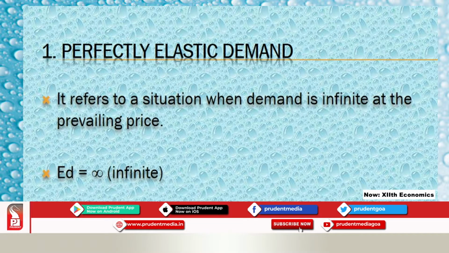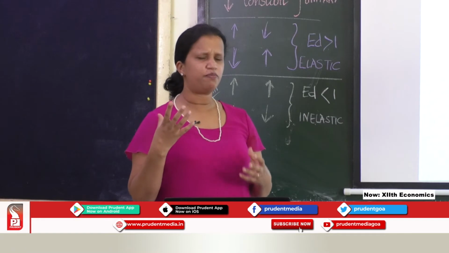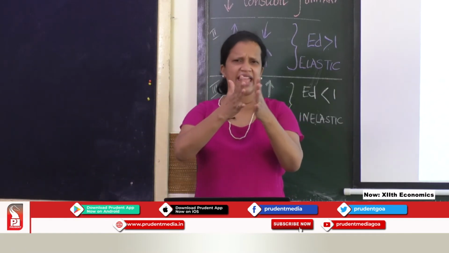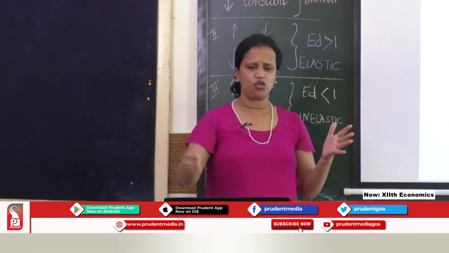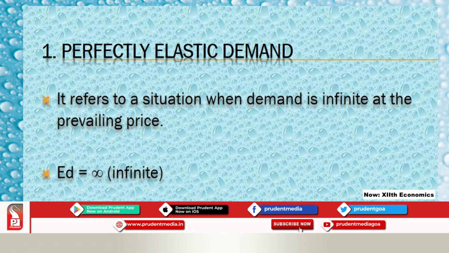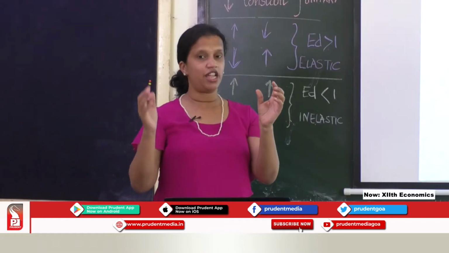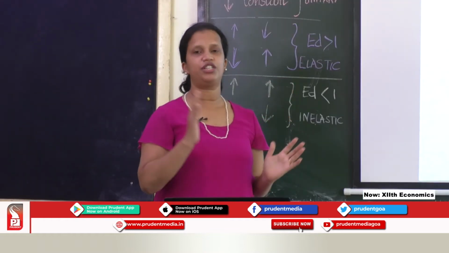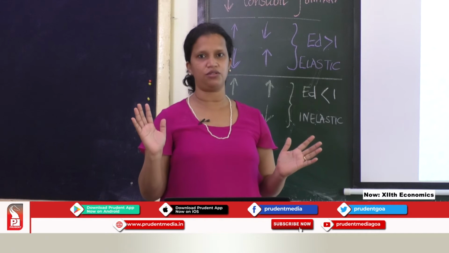So, the first is perfectly elastic demand. The word itself tells you perfectly elastic, any amount. In this case, we notice that it is a situation where the demand is infinite, that means any amount of the quantity can be demanded at a prevailing price, at a specific price. Now, if that price has to change, the demand falls to 0.